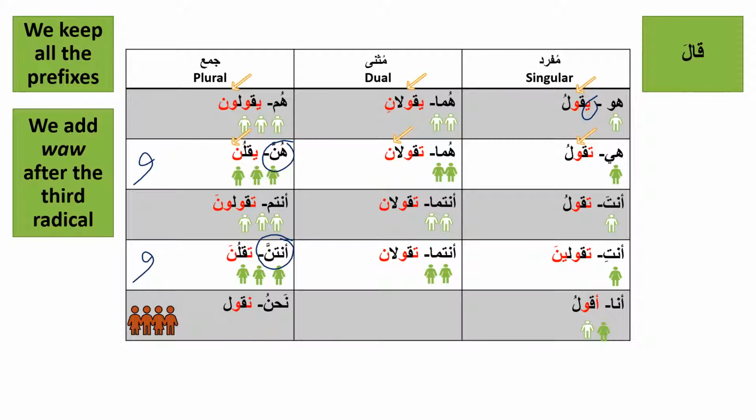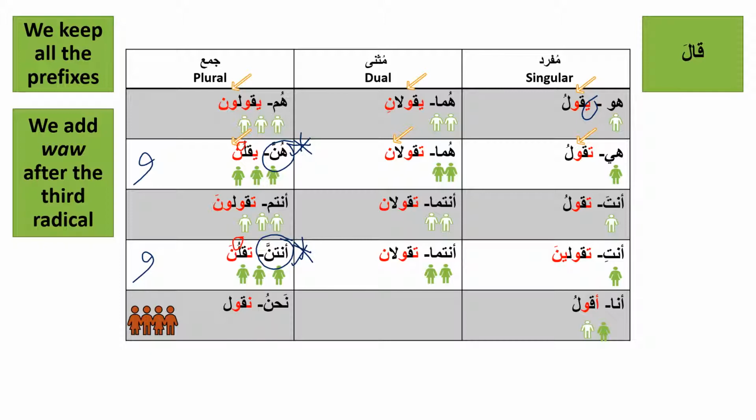That's why they call it أجوف, because there is a long vowel in the middle. It could be ألف, it could be واو, it could be يا. This is one of the verbs that we have to memorize. For هن and أنتن, you have to memorize. We don't add واو, we just add this small ضم here.